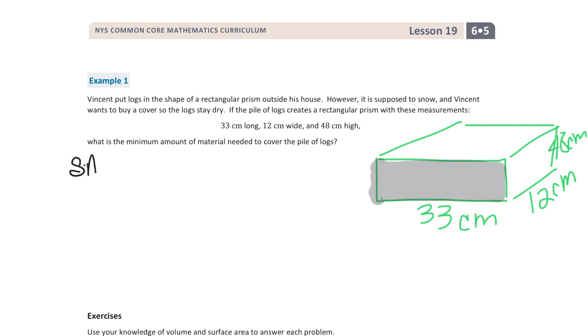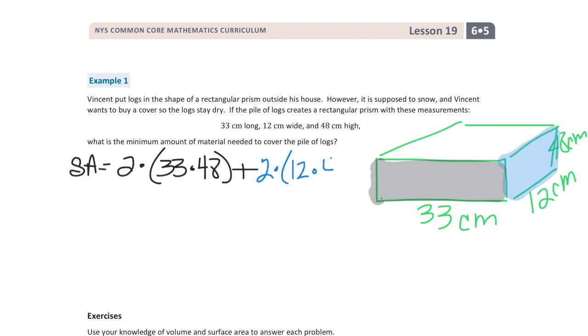So surface area, 2 times, and the front and the back is going to be 33 times 48. Now the side, so if I think about this side right here, I'm going to have both sides, and those are going to be 12 times 48.